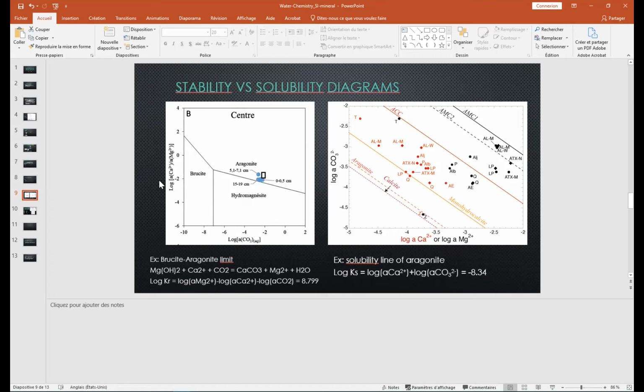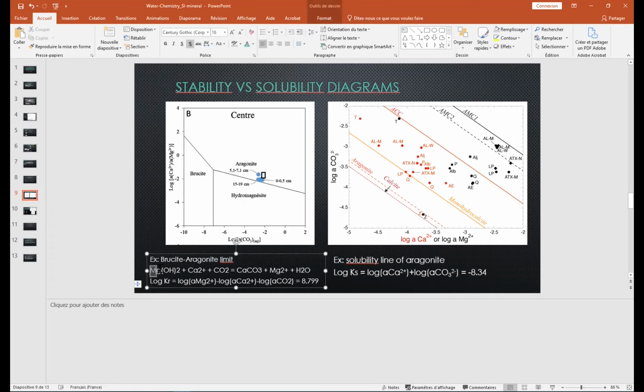And basically, when you do this type of diagram, the lines here are just the equilibrium between the two phases.